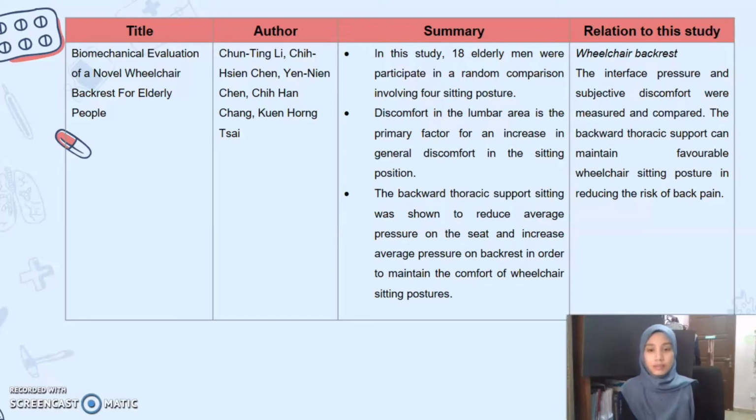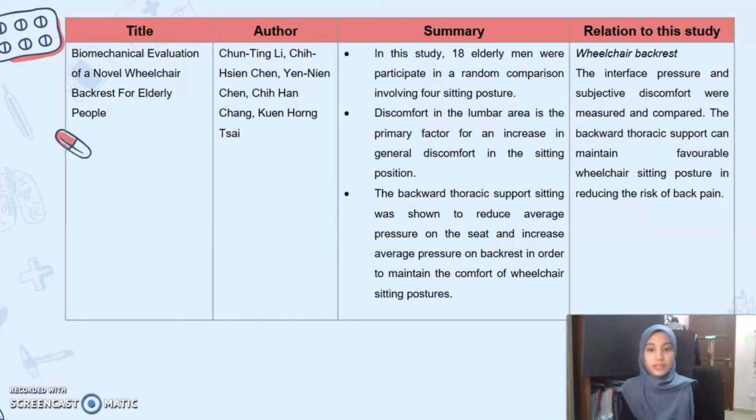The seating system is a key factor that influences spinal curvature, back muscle activation, interface pressure, and comfortability. A seating system can maintain lumbar lordosis, lower back muscle activity, and decrease ischial tuberosity pressure, which can reduce spinal load and directly influence sitting comfort.